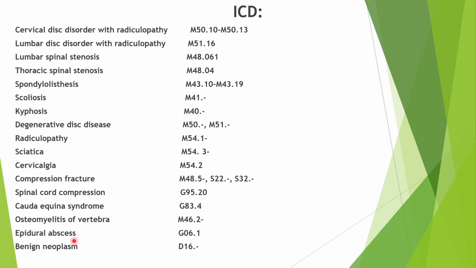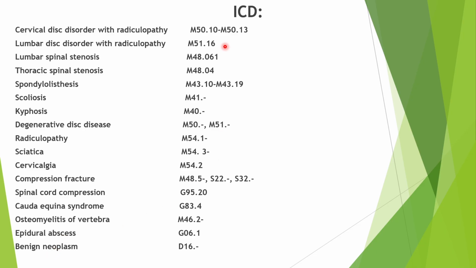Epidural abscess, what is this? This is a collection of pus in the epidural space around the spinal cord due to infection. Next one, that is benign neoplasm, a non-cancerous tumor in or around the spine.